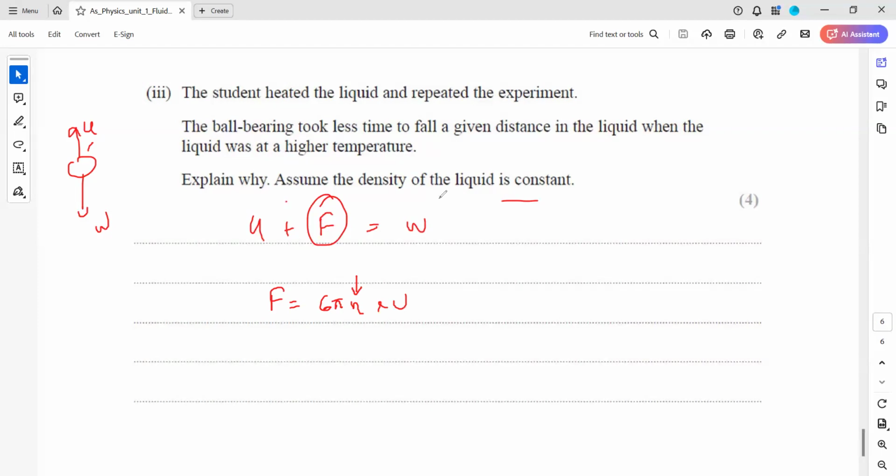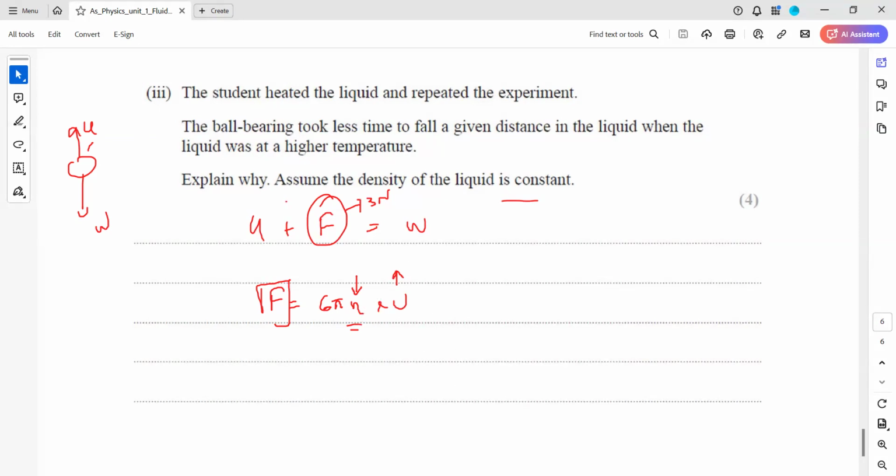You'll mention that an increase in temperature reduces the viscosity of the fluid. As the viscosity decreases, if we want a constant value for the viscous drag, the terminal velocity should increase. For example, if we need a viscous drag of 3 Newton, in a less viscous medium the terminal velocity should be higher. If we have a more viscous medium, then the terminal velocity will be lower. So F equals 6 pi eta R V.